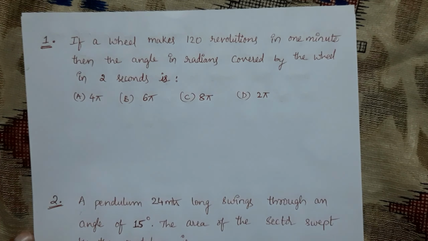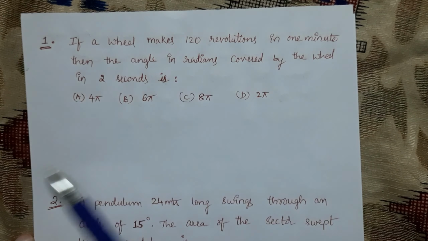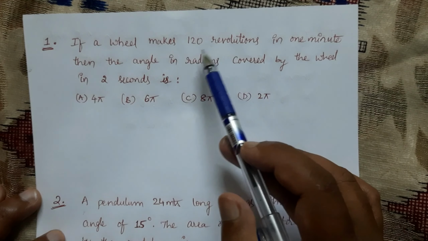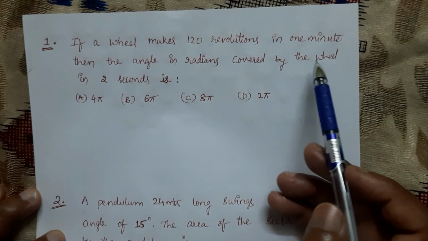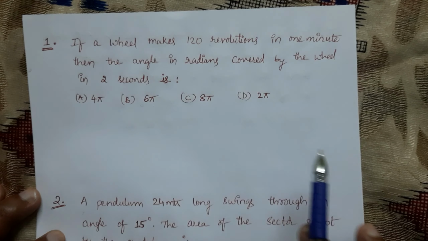In trigonometry, if you observe, the first year textbook first exercise will have this. If a wheel makes 120 revolutions, based on these they may also ask questions. If a wheel makes 120 revolutions in 1 minute, then the angle in radians covered by the wheel in 2 seconds is?